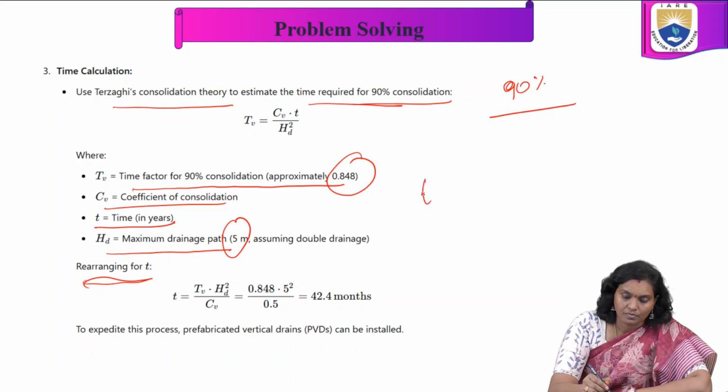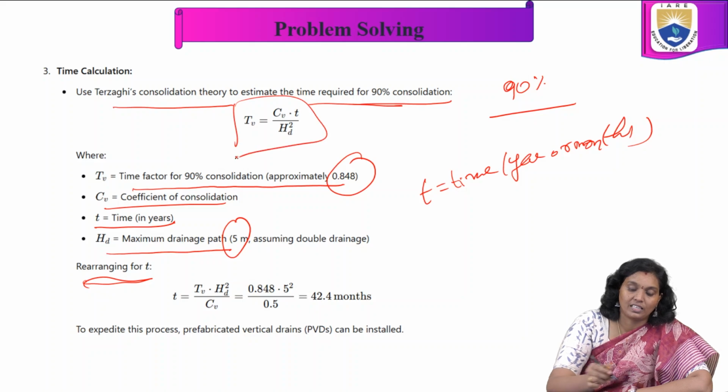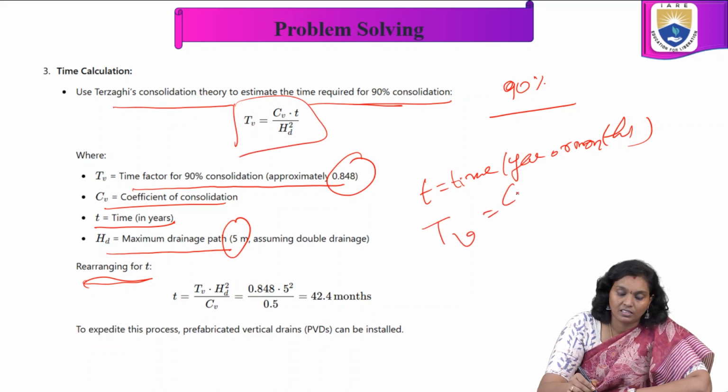Now how much time is required, in years or in months, we are going to calculate using this formula: T equals Tv times HD square divided by Cv.